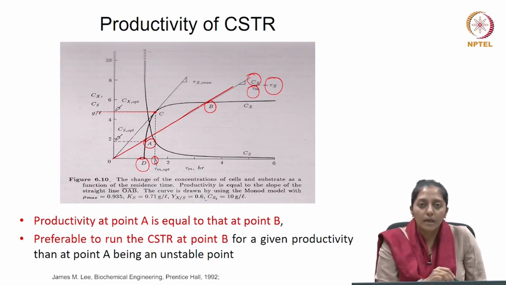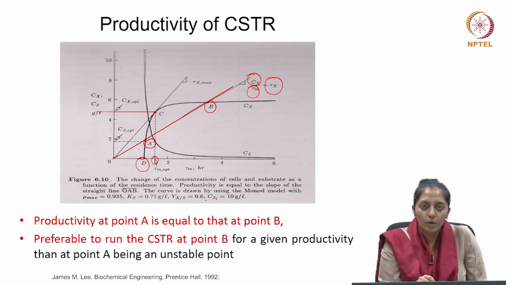So, if you see at point A and B, at point B, the residence time is high and the biomass is also high, and at point A, the residence time is low, which means the dilution rate is high, while the biomass is less.